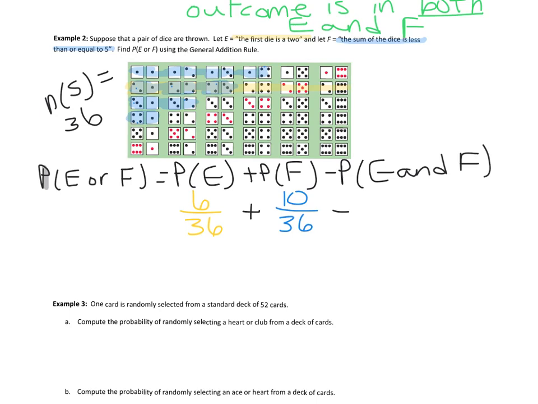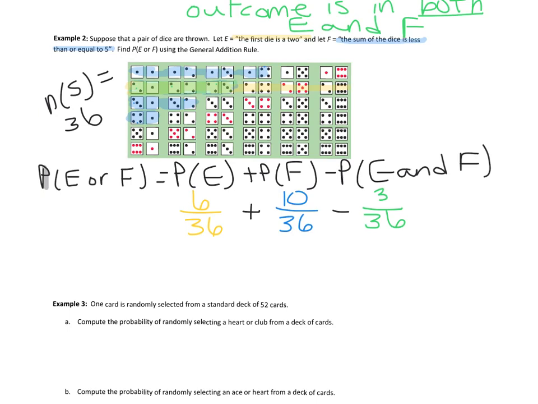So it's the second row and then all the dice that added up to 5 in that row. And there were 3 combos that added up to less than or equal to 5, and whose first die was a 2.